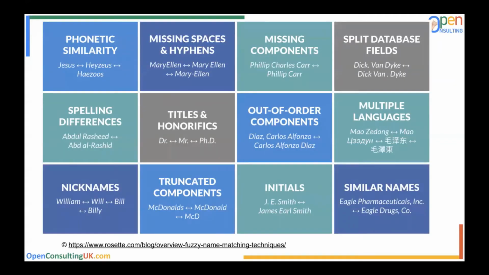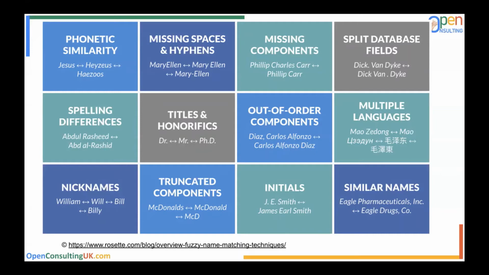These are a few of the fuzzy matching techniques. You can see that multiple languages can be matched together. We can see similar names, so Carrick Group Limited and Carrick Group or Carrick Limited. All these three are similar to Carrick Group Limited. So it will identify using fuzzy matching that if I'm seeing Carrick Limited or Carrick Group, it identifies Carrick Group Limited as the company.